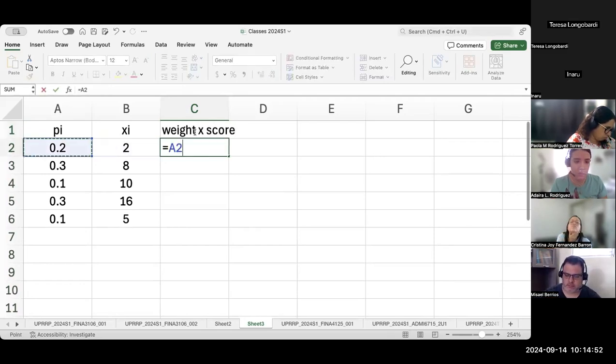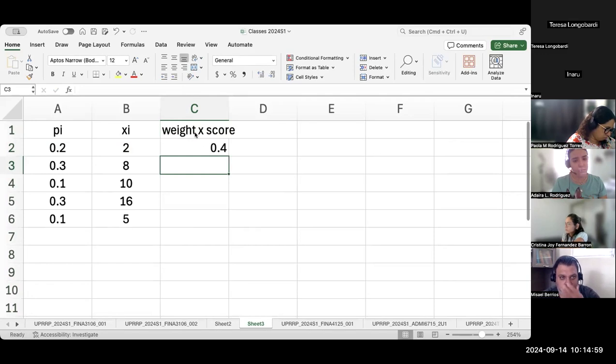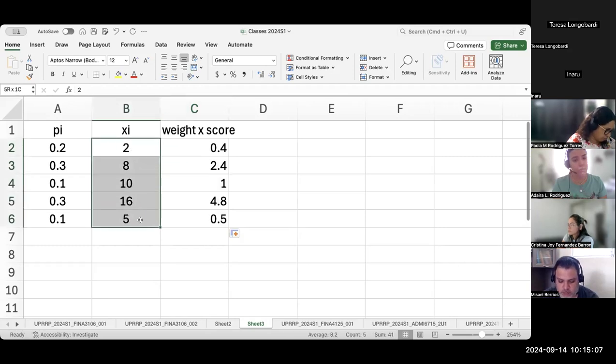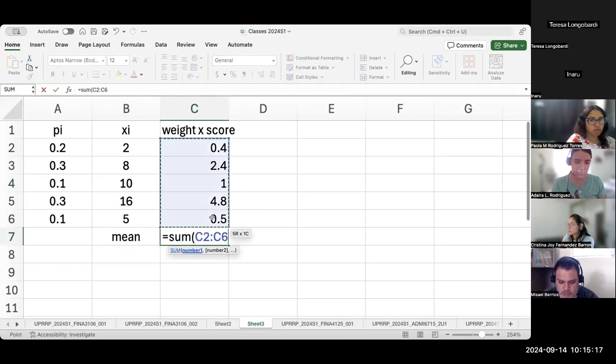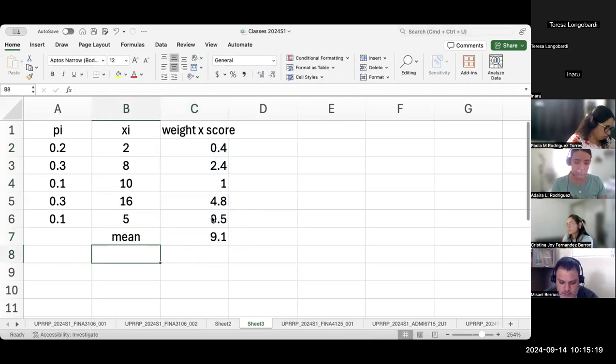So I do that with this one, and then I put an asterisk, and then I pick up that one. So that's the weight times score, and then I copy down the formula by going like this. That works as long as I have a column already entered here, it knows that I want to go up to here. And then this result, the sum, equals sum of these ones, gives me my weighted mean.